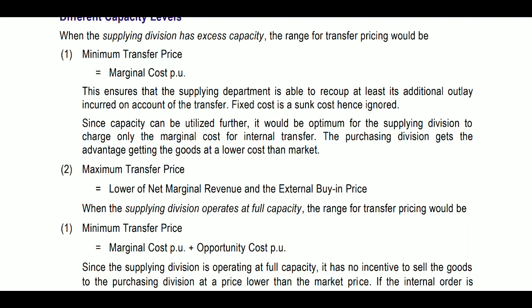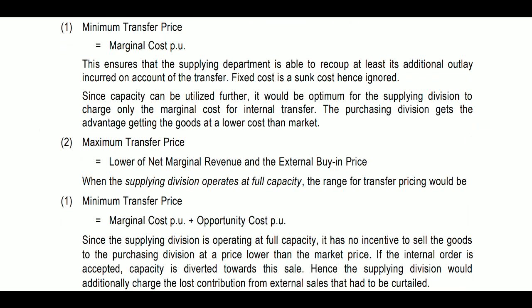The purchasing division will get the advantage of the lower cost, because they are not adding any margin and are only charged what cost was incurred. The maximum transfer price will be the NMR or the external buying price, whichever is lower. Net marginal revenue means marginal revenue minus marginal cost.